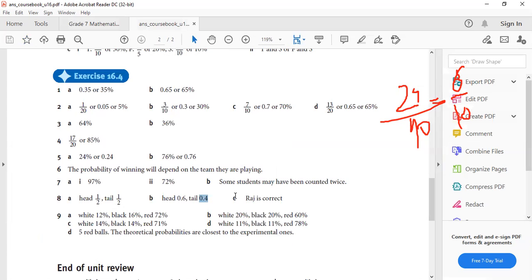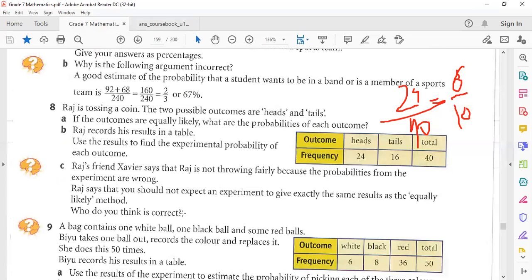According to this, Raj is correct, because sometimes it comes heads, sometimes tails. Equally likely is theoretical, so it's 50 and 50%, but in experimental life you will see this type of result.